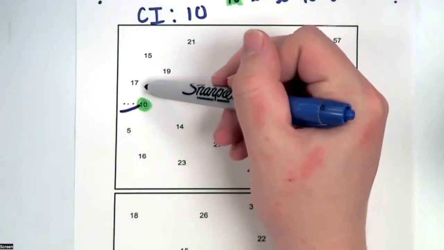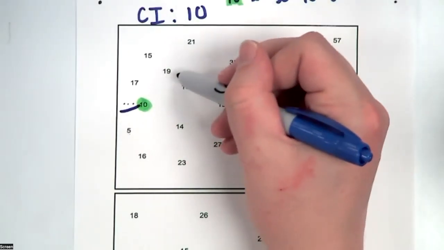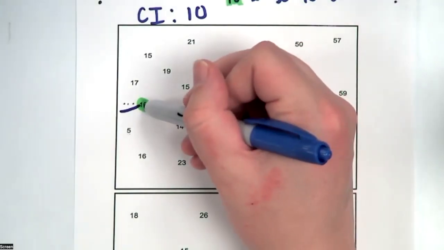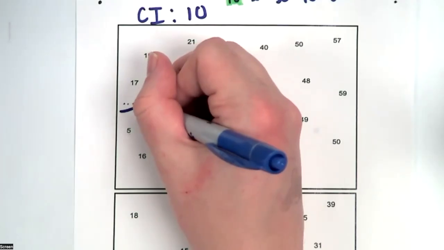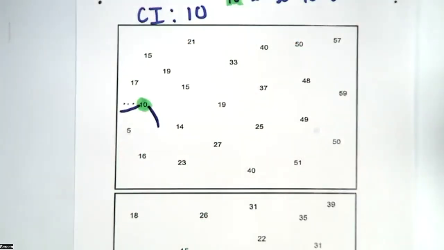Now, I cannot go up between that 17 and 19, I already said. I also can't go between 19 and 15. I can't go between 15 and 14. I can go between 5 and 14. So that means I'm going to have to pull this down. 10 is a little closer to 14, so I would anticipate coming off to that side.